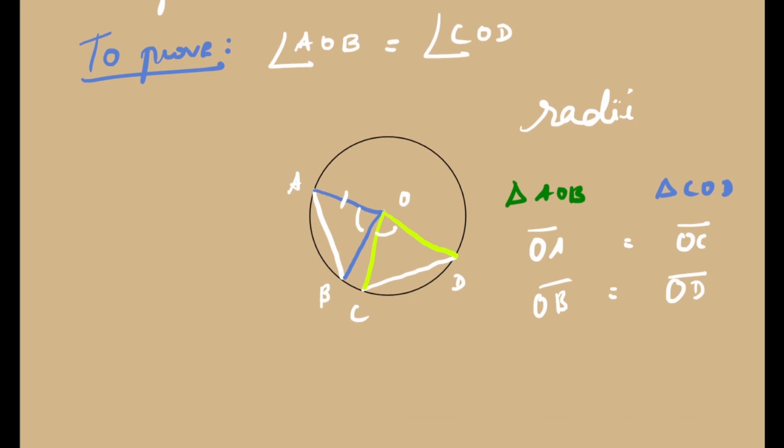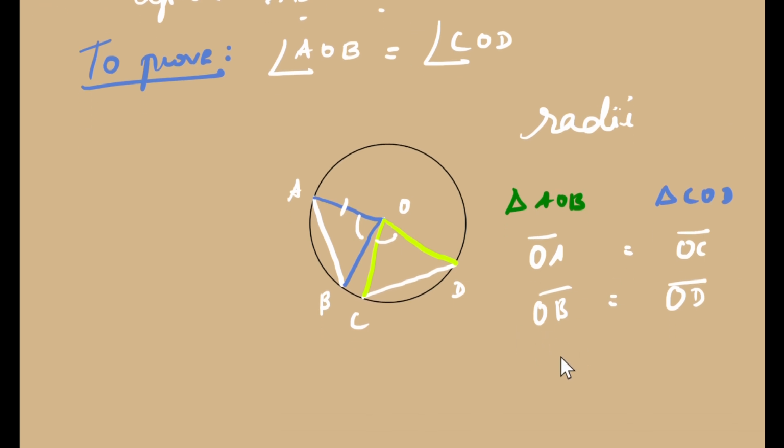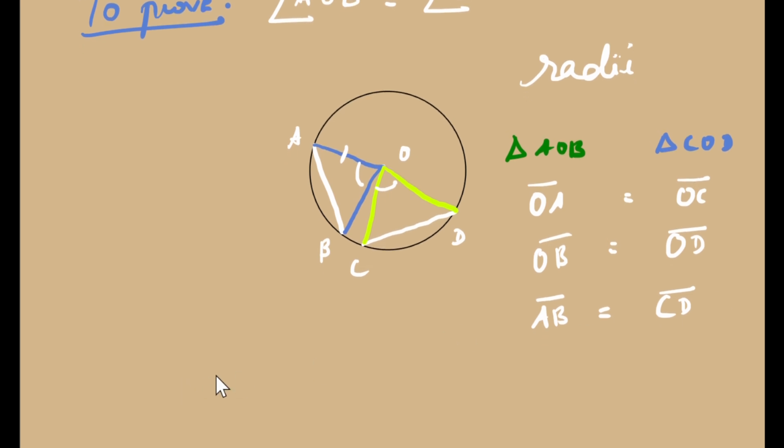And we have been given already that the chord lengths are equal. AB is equal to CD. So the third side of these two triangles are also equal. That is, we have three corresponding sides of the two triangles equal. So we have seen in the congruency of triangles.